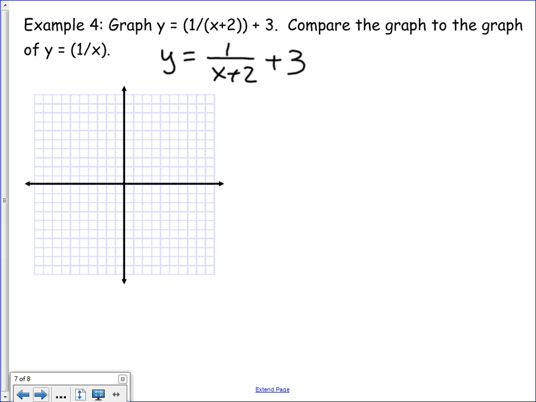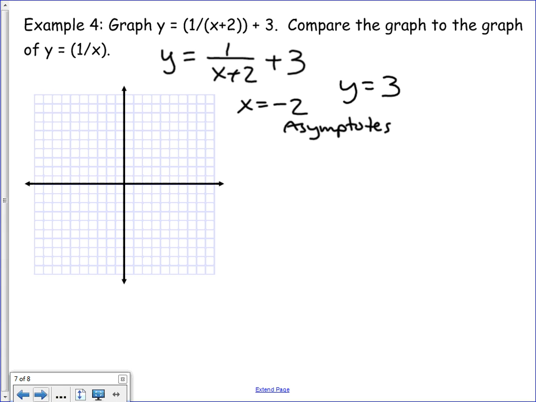So we know one asymptote will be x equals negative 2, because normally this is x minus 2, then the asymptote would be 2. Since it's x plus 2, the asymptote, the vertical one, is negative 2. And y is 3. All right, so those are our asymptotes. And they're the lines that these graphs are going to come very close to but never intersect.